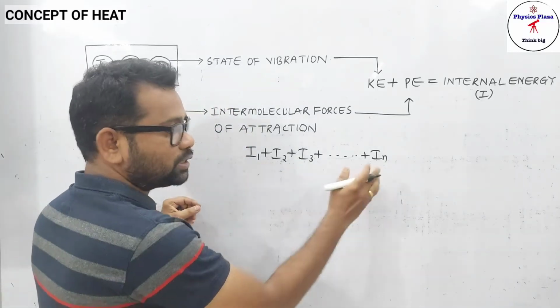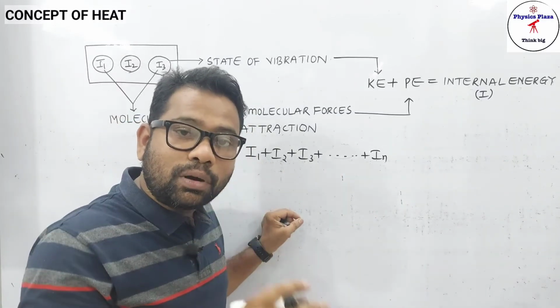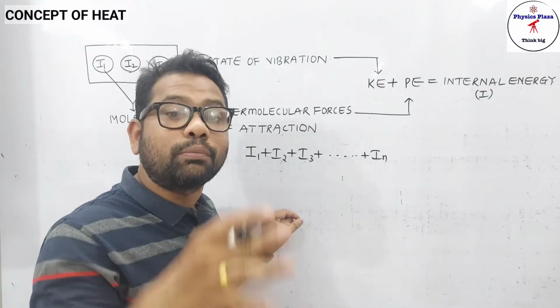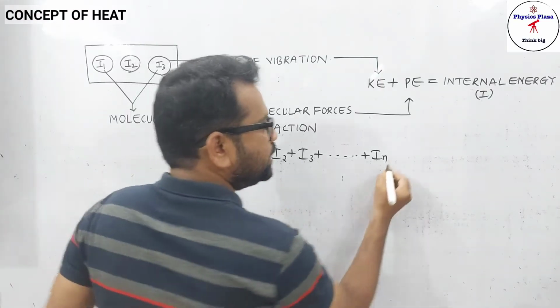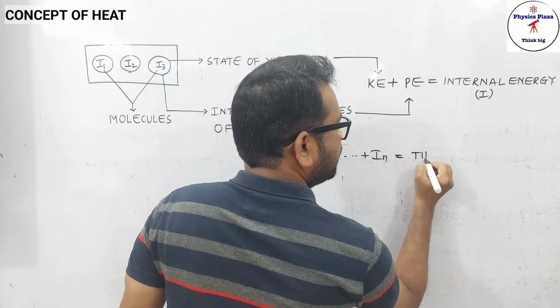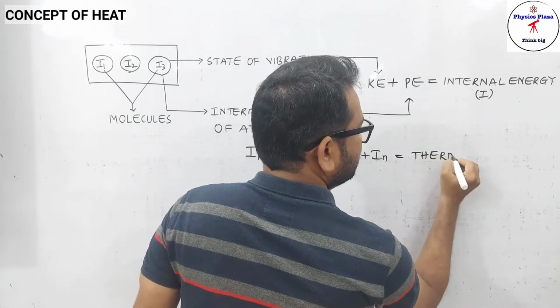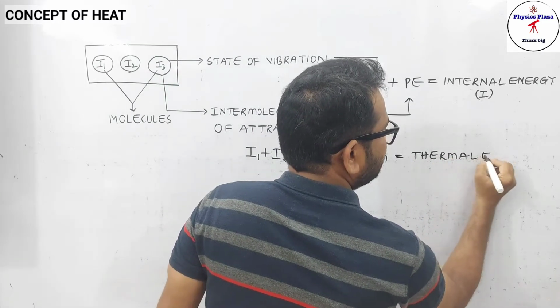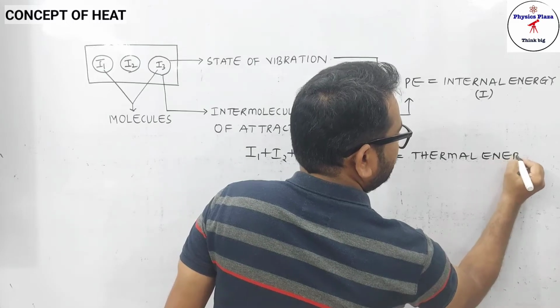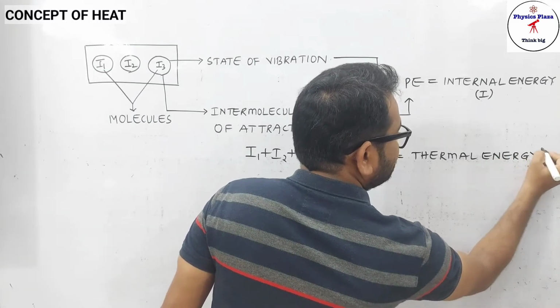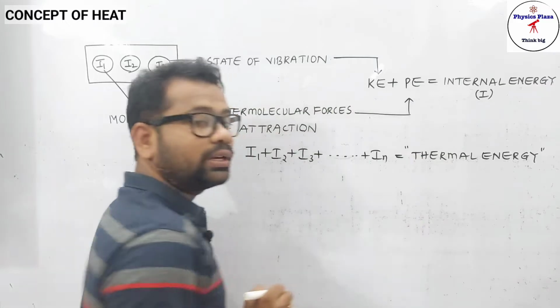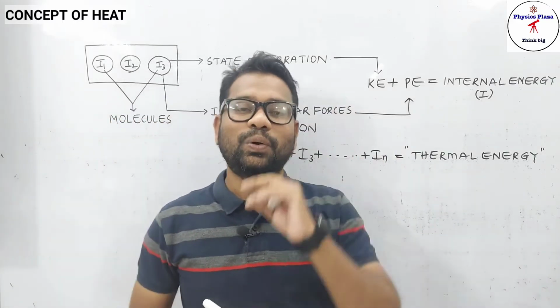If you add all these, the sum of the internal energies of the molecules of a substance is called thermal energy. This thermal energy only will decide whether it is a hot body or a cold body.